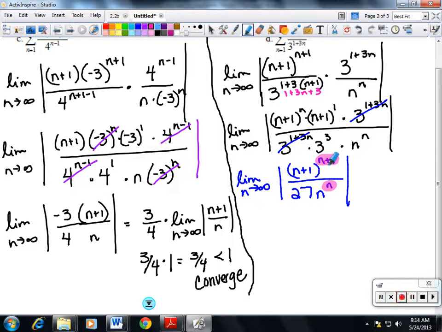Regardless of what I put in there, as n goes to infinity, just say I'm at 100. This would be 101 on the top over 100. The degree of the top is always going to be bigger than the degree of the bottom, regardless of what I'm looking at. So that's actually going to go to infinity, or I could say does not exist. Infinity is definitely bigger than 1, so therefore it diverges.